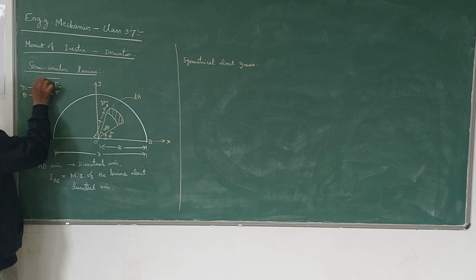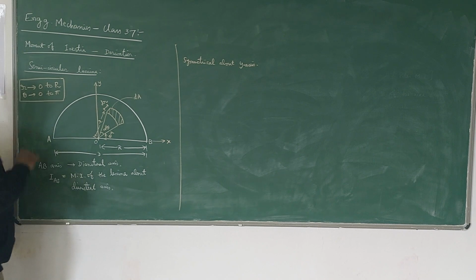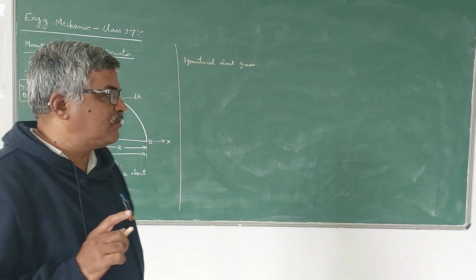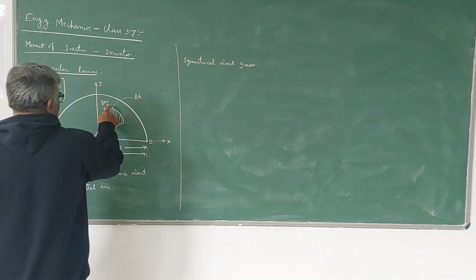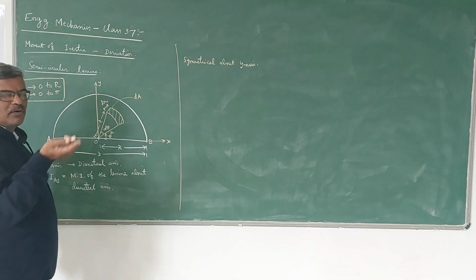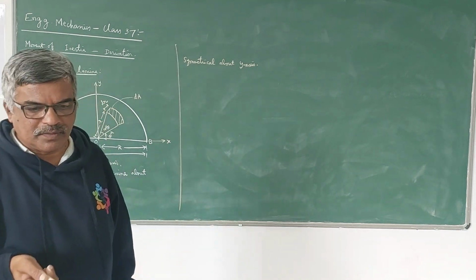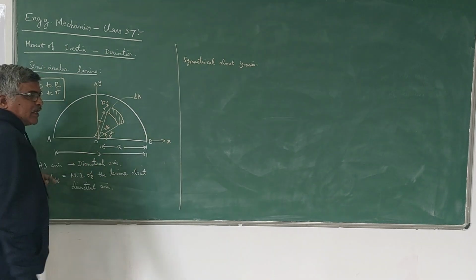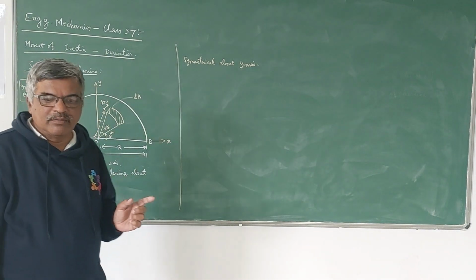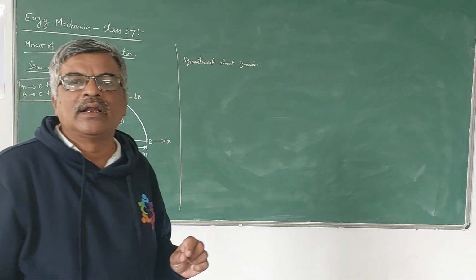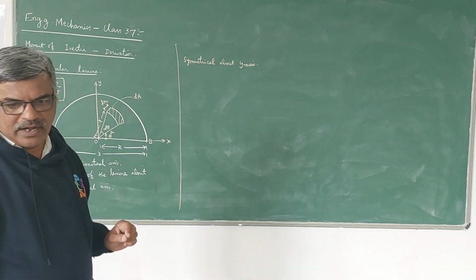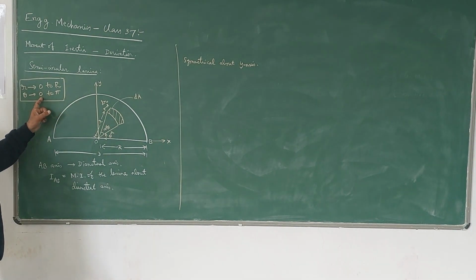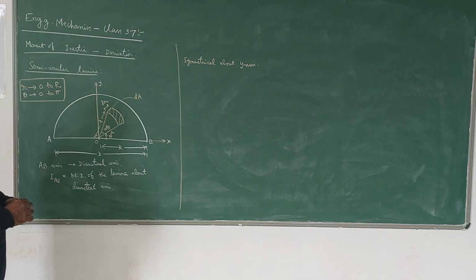These are the limits of integration, because initially we write the expression for the moment of inertia of this elemental area. Then we convert that into the expression for the moment of inertia of the total area. So when finding for the total area, we have to integrate with respect to both r and theta and substitute the limits: 0 is the lower limit and R the upper limit for r, 0 is the lower limit and pi the upper limit for theta.